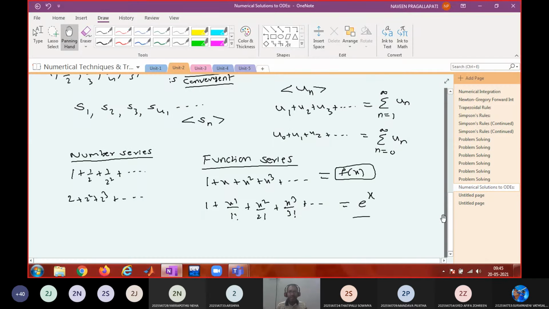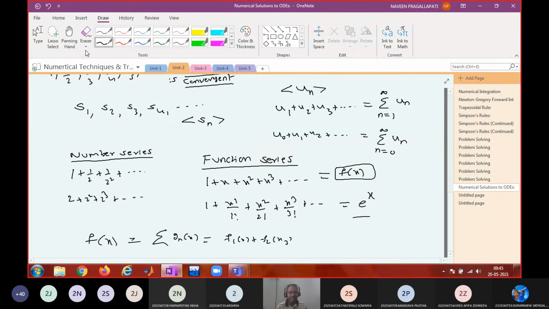Now Taylor series is the other way. When f of x is given, how to express this as a series? When can we express this as a series, something like f1 of x plus f2 of x plus f3 of x plus and so on?